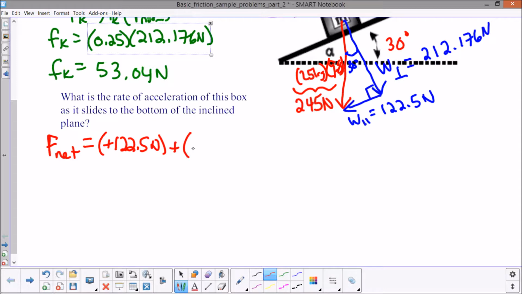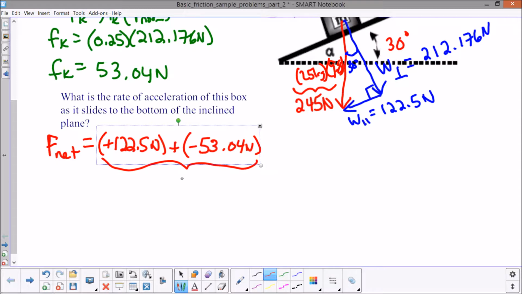But the force of friction is acting up the ramp in the negative parallel direction, so it's negative 53.04 newtons. Putting those two things together, 122.5 minus 53.04 is 69.456 newtons.